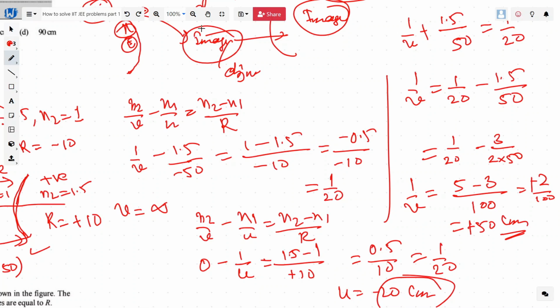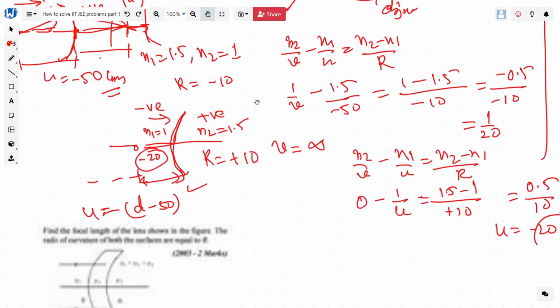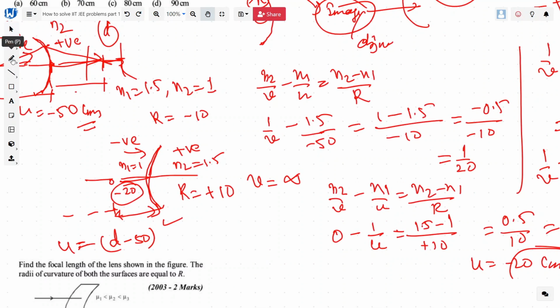Okay, so u is minus 20 centimeters, which means the final object was basically somewhere on this hand side, right, on this side at minus 20, right? So it is 20 centimeters from there, the image. And we also have the equation for the u, which says that u is d minus 50, it is given, right?